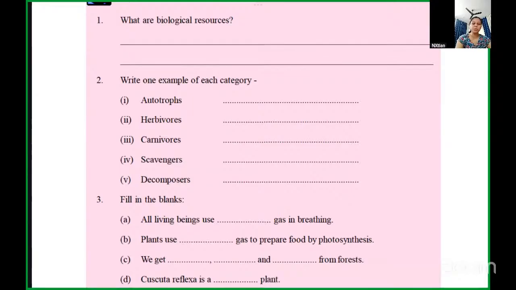Humans are actually omnivores, Abraham. Herbivores: rabbits. Yeah. Carnivores: lions. Yes. Scavengers: crows. Okay. And decomposers: fungi. Yes. Correct, Abraham.